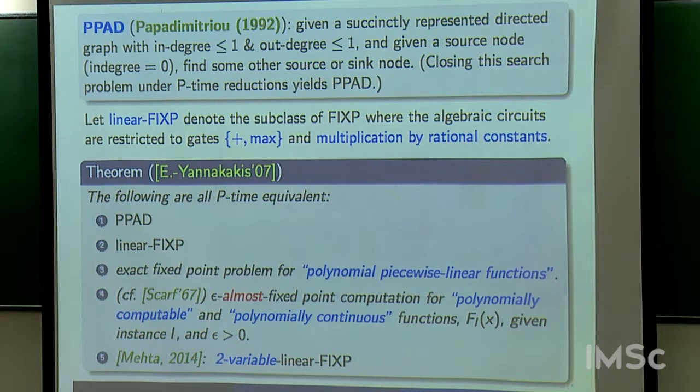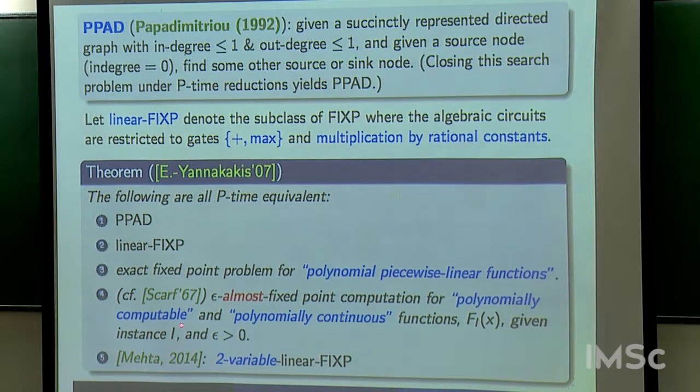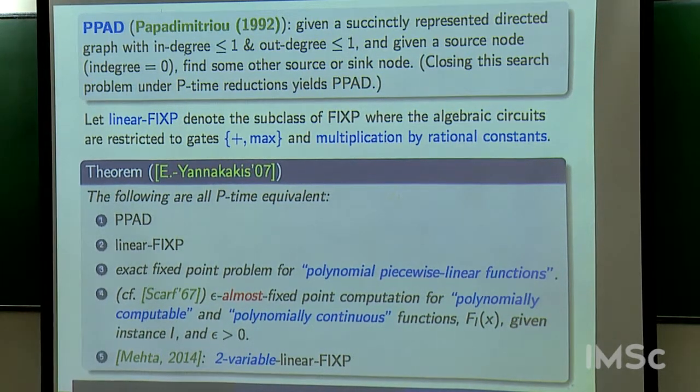In this case, not an epsilon near fixed point, but an epsilon almost fixed point for a polynomially computable, polynomially continuous function. Whenever the function for which you're trying to compute a fixed point is polynomially computable, and furthermore polynomially continuous, by this I mean that you have a reasonable bound on the modulus of continuity of the function. I'm not going to give the formal definition of this, but that's another characterization of PPAD.